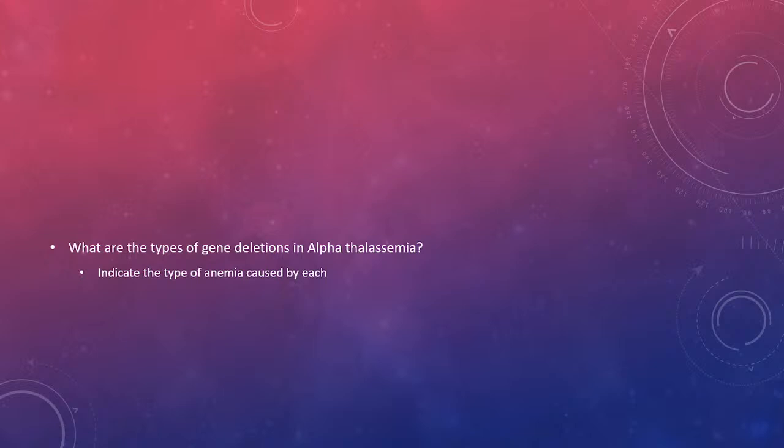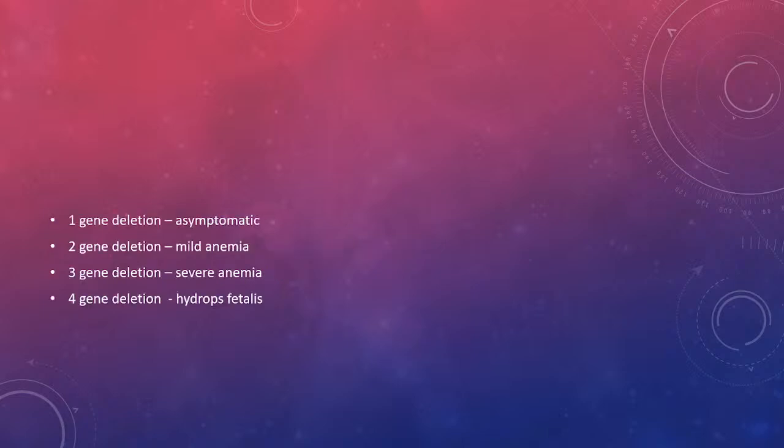Okay, so what are the types of gene deletions in thalassemia? So you're going to have 1, 2, 3, 4 gene deletions. It will present as either asymptomatic, mild symptoms, severe symptoms, and the last one would be hydrops fetalis. One gene deletion is considered alpha thalassemia minor. Why is it minor?